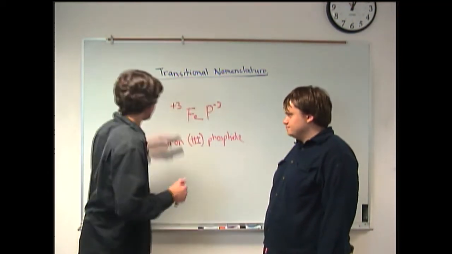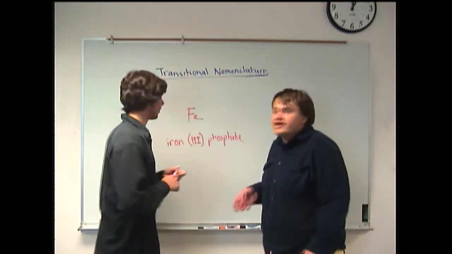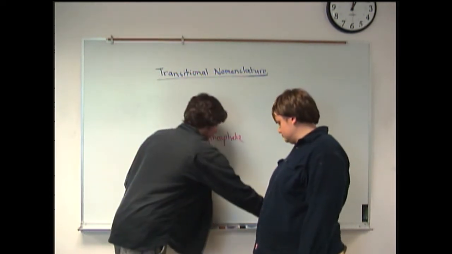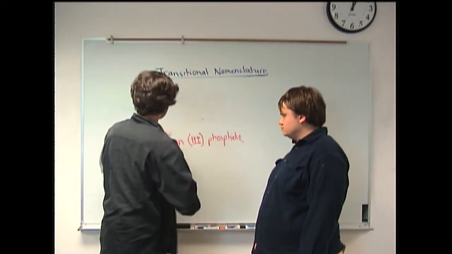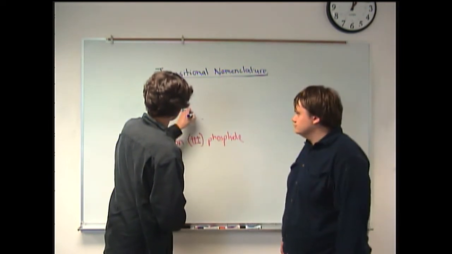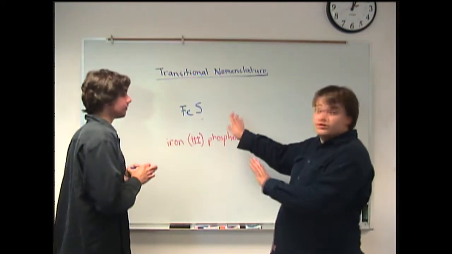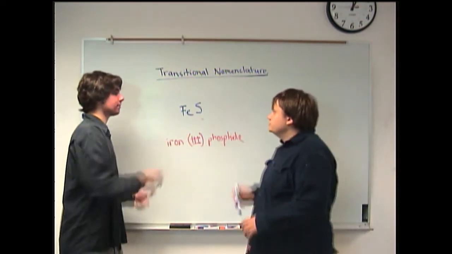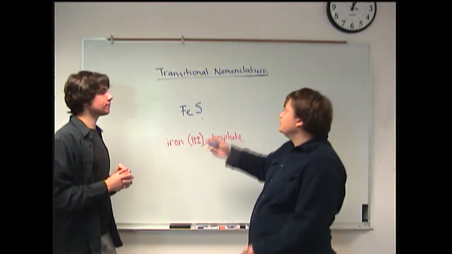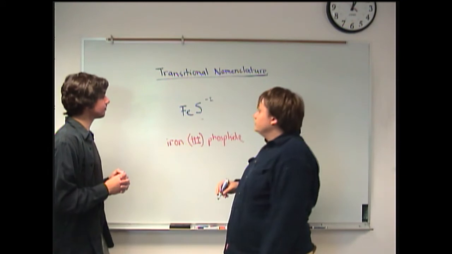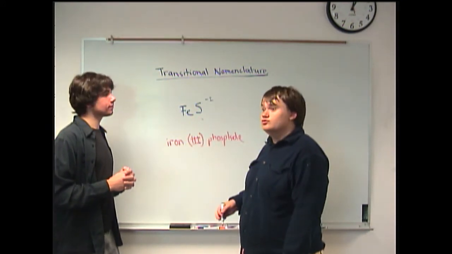Let's pair this with sulfur and see what happens. I'm going to use blue so we can distinguish between these, and we'll start over. So iron again, paired with sulfur. We have FeS. Sulfur, where it is in the periodic table, has a -2 charge, and the whole compound has to be neutral.